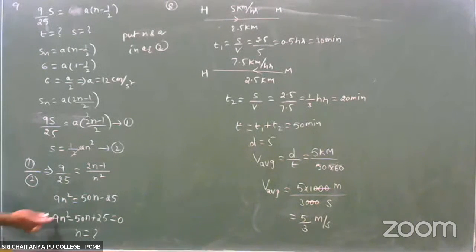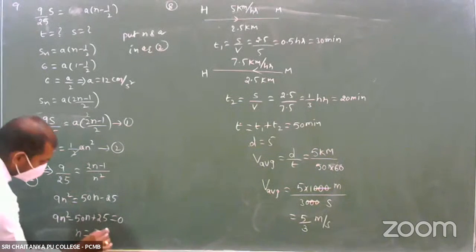Otherwise, you can use the factors method. You will get n is 5.